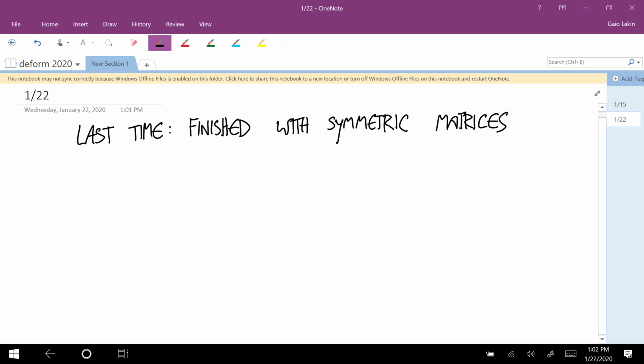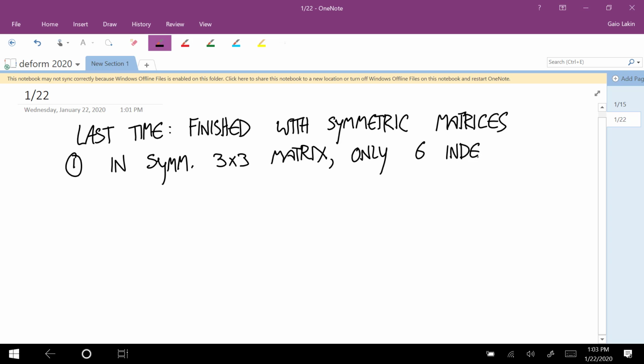And the two things that you need to remember about symmetric matrices are, first, in a symmetric 3 by 3 matrix, there are only 6 independent values. And the second thing is all the eigenvalues of a symmetric matrix are real.